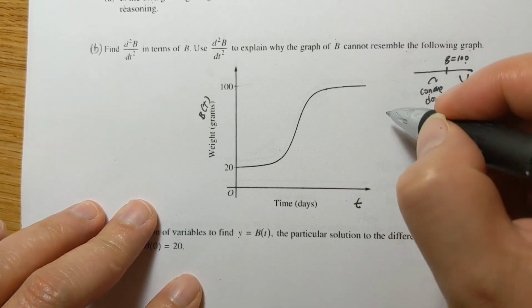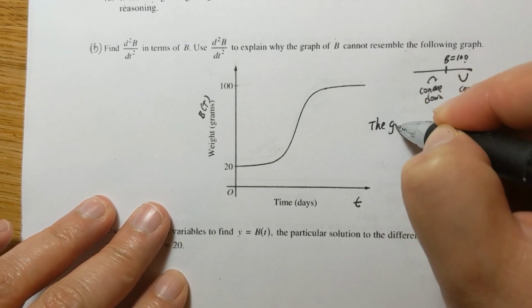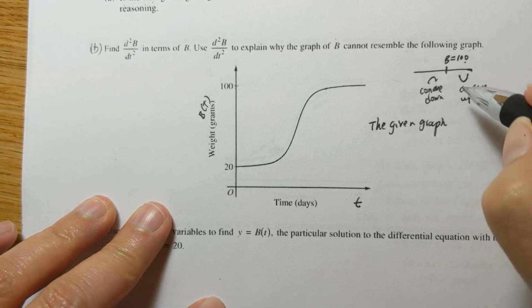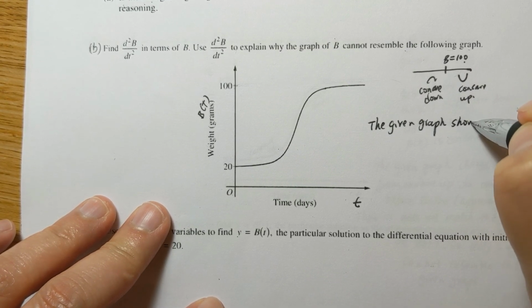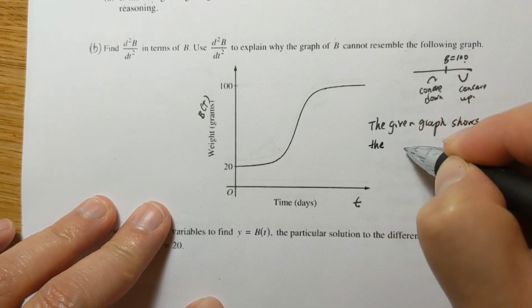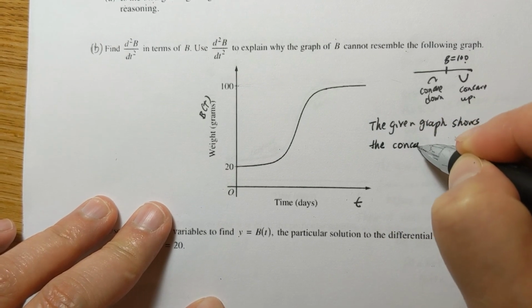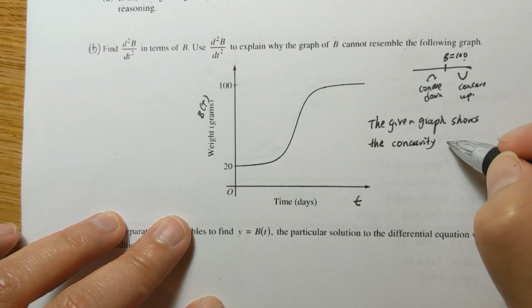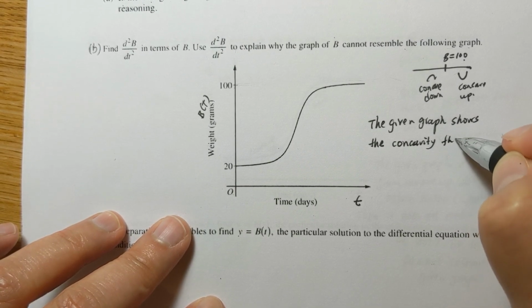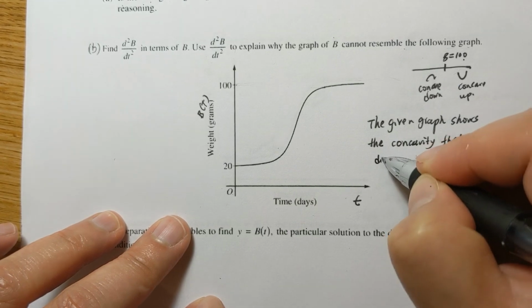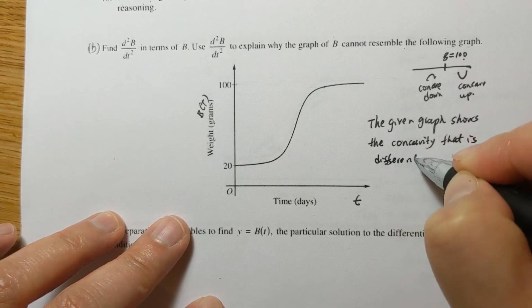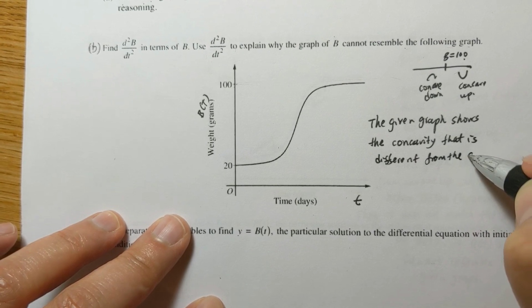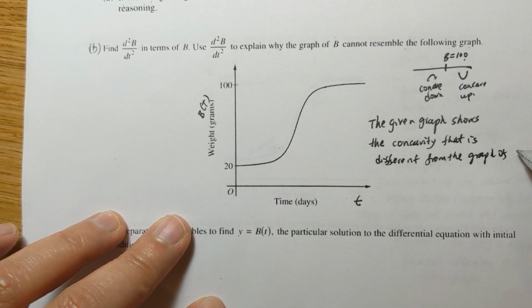Okay, so we can say that the given graph shows a concavity that is different from the graph of B of t.